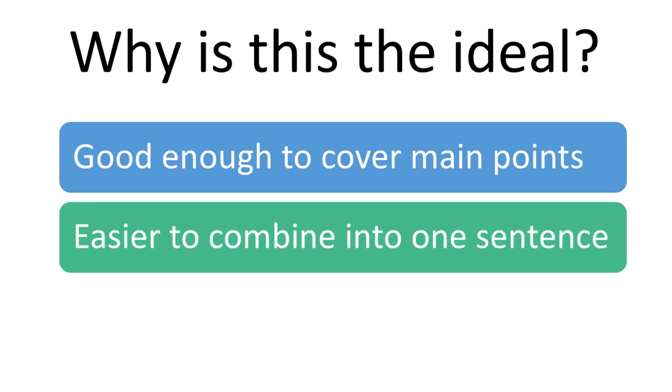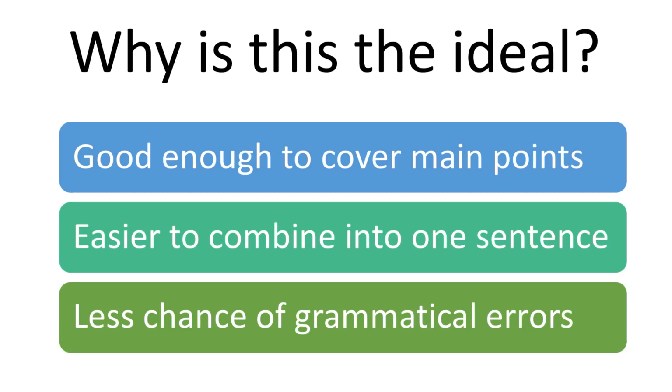Second, when you have a lesser number of words, it's easier to combine them into one sentence. And you only have the main points, so they are closely related, and that's why you can put them into one sentence easily. The third advantage, and very important, is that by keeping the number of words under control, the chance of a grammatical error reduces.